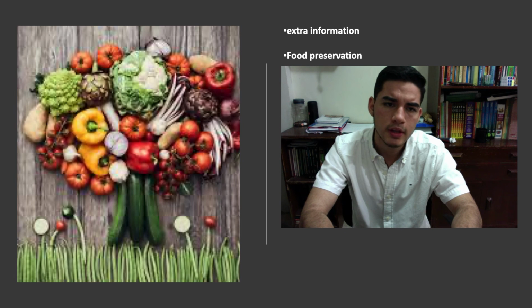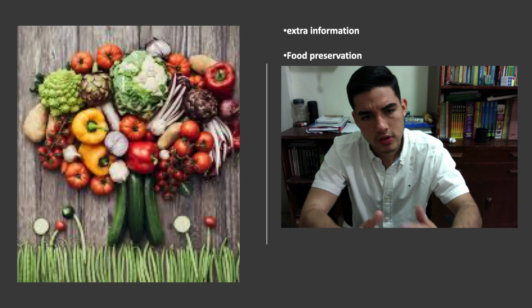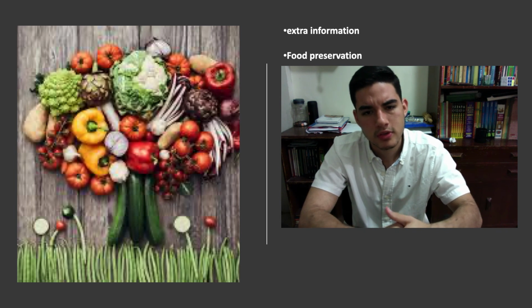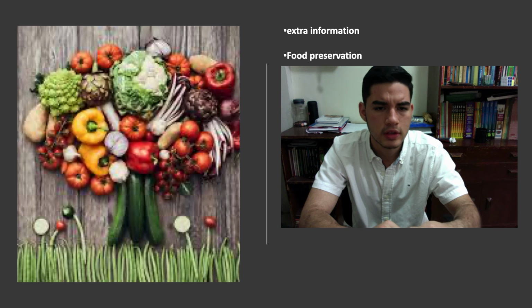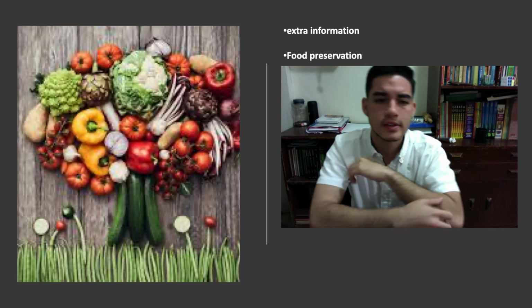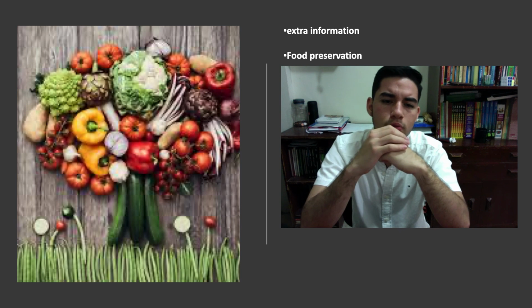Pickling means preserving food in brine. The other method is sugar. It is used in syrup for preserving fruit, or in crystallization, where the material to be preserved is cooked in sugar until crystallization. And the last process of preservation is high pressure food preservation.